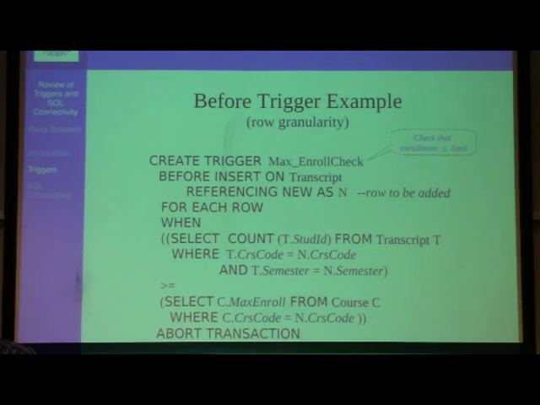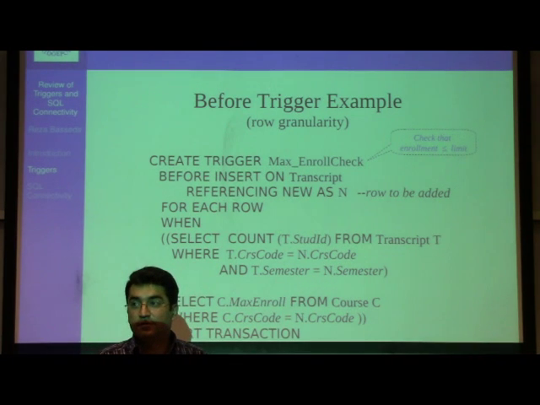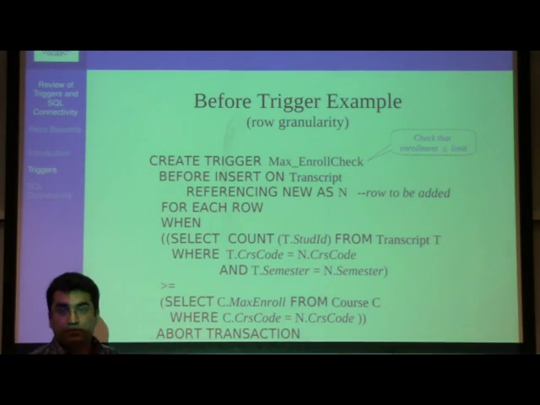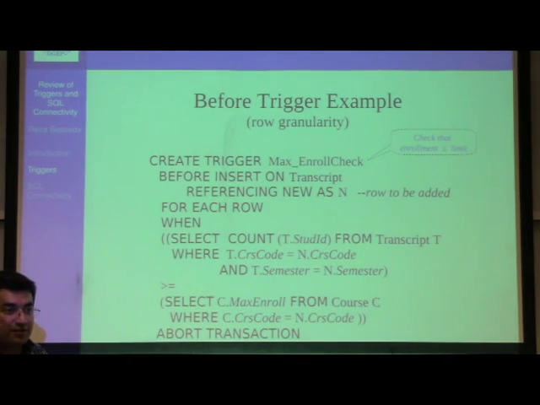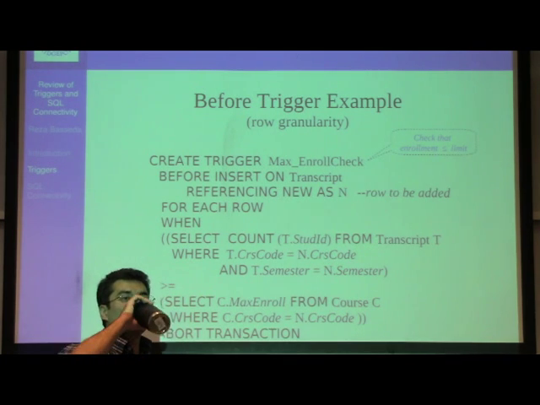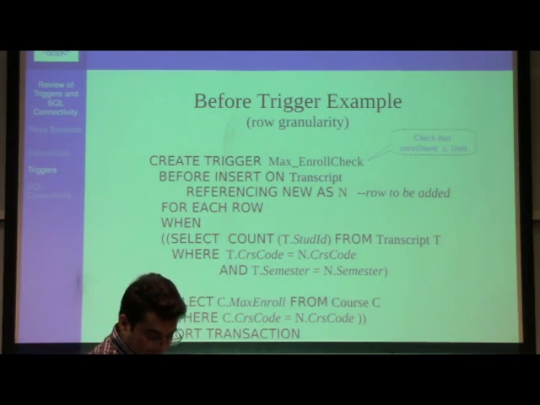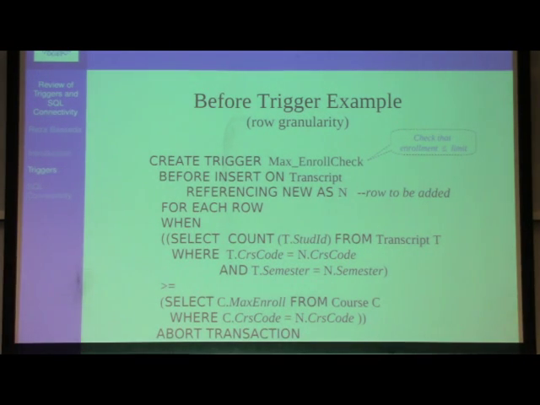Okay, so tell me what this trigger does. Enrollment check, and then they are under the limit or not. You got very close. Good.